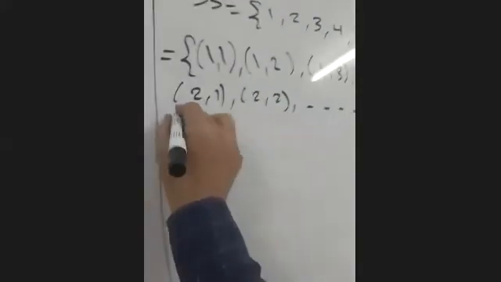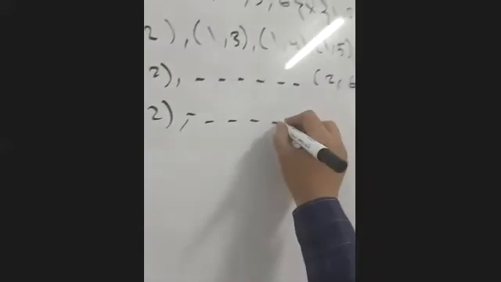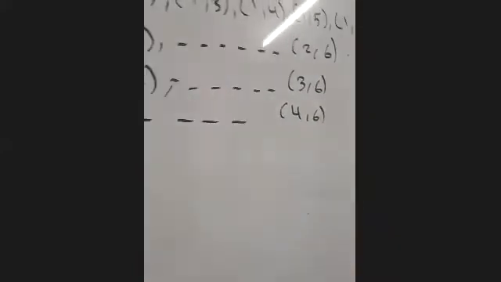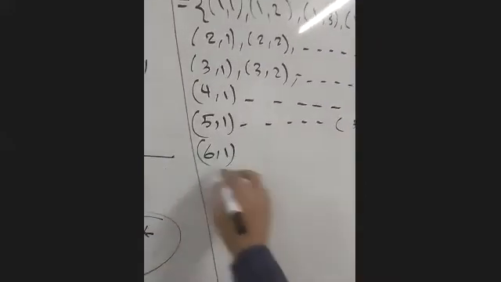Now 3 with 1, 3 with 2 until 3 with 6. 4 with 1 until 4 with 6. 5 with 1 until 5 with 6. Last one, 6 with 1 until 6 with 6.